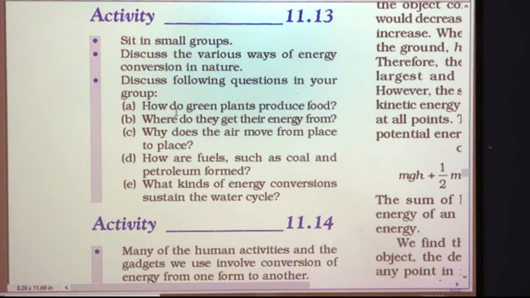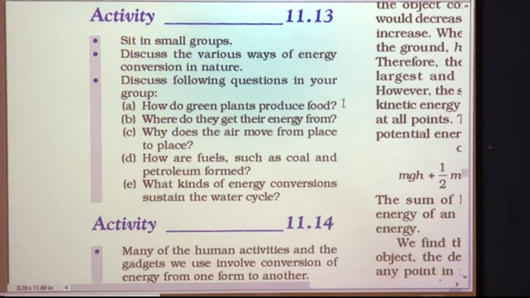The first one: how do green plants produce food? You know that green plants are called autotrophs because they are able to produce their own food. How do they produce it? With the help of a process called photosynthesis. Do you know what the requirements are to carry out this process of photosynthesis?